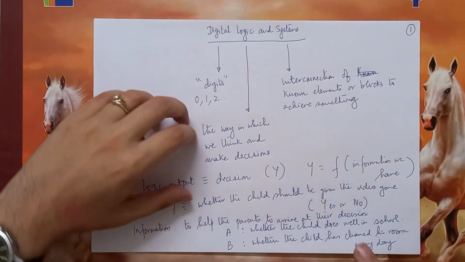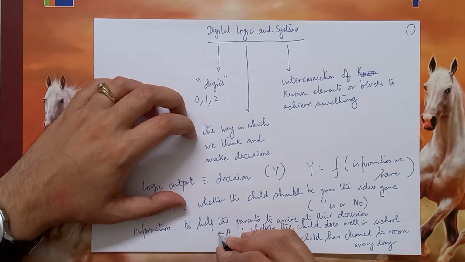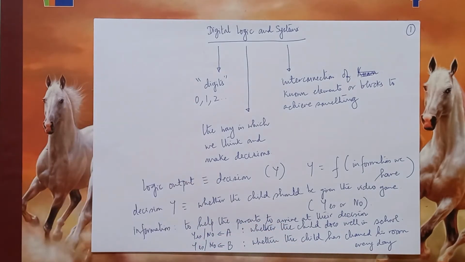So therefore, satisfying these pieces of information, there could only be 2 possible outcomes, yes or no. That is, either the child does well in school or does not do well in school, and whether the child has cleaned his room every day or not.